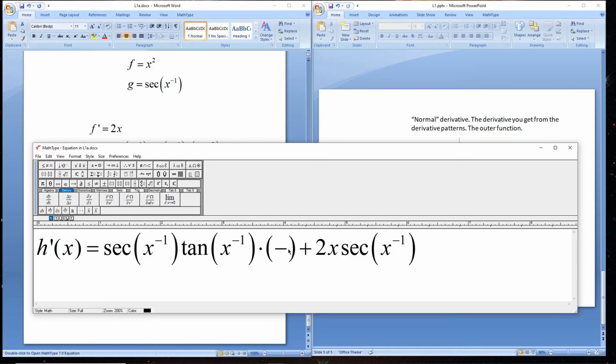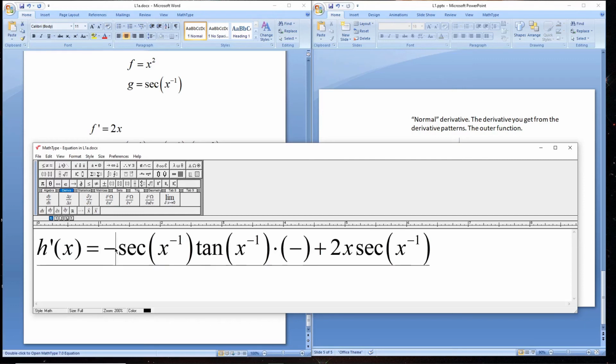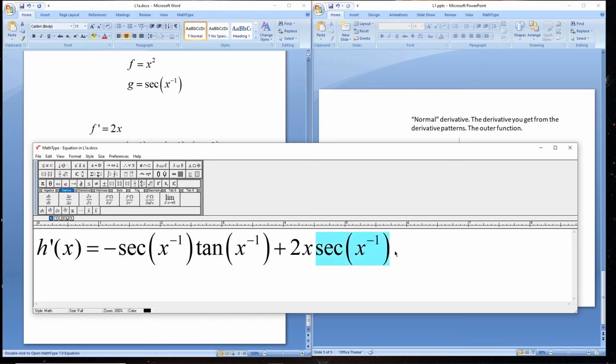And this minus sign, I'm just going to bring all the way to the front here so we can get rid of that. And each of these terms has a secant in common. And so we can factor that out.